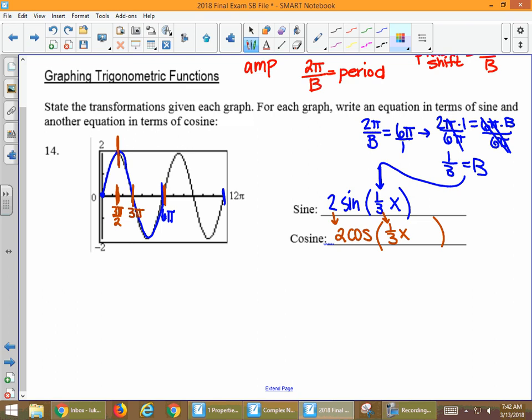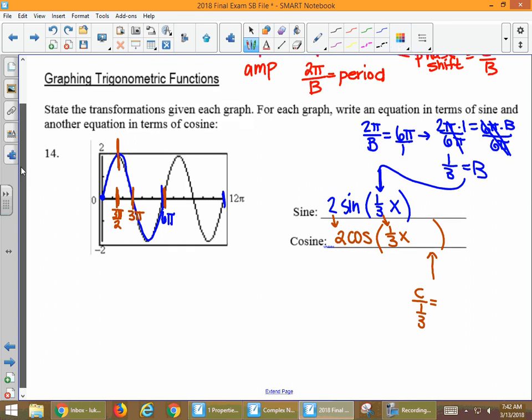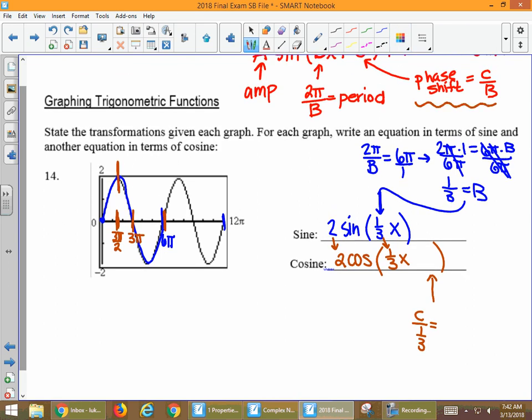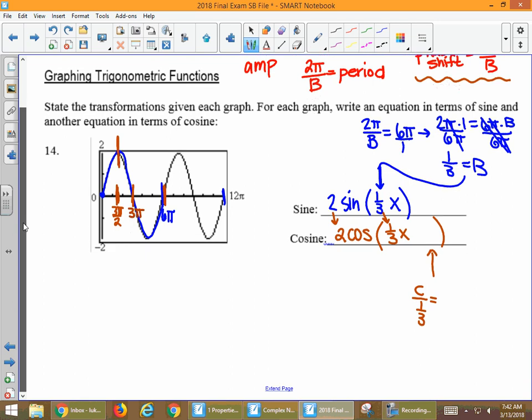So I'm going to use my phase shift equation to get c. My b is 1/3. And my phase shift, I'm just using this equation here: phase shift equals c over b. My phase shift is 3 pi over 2.